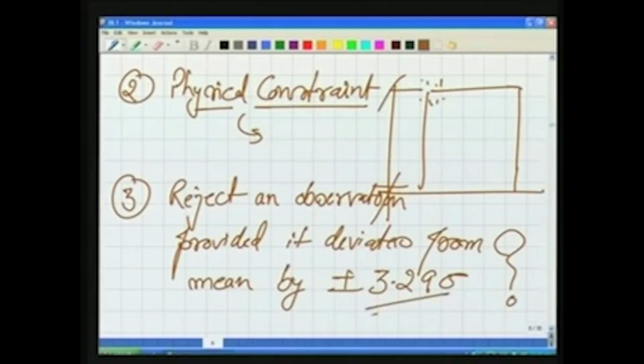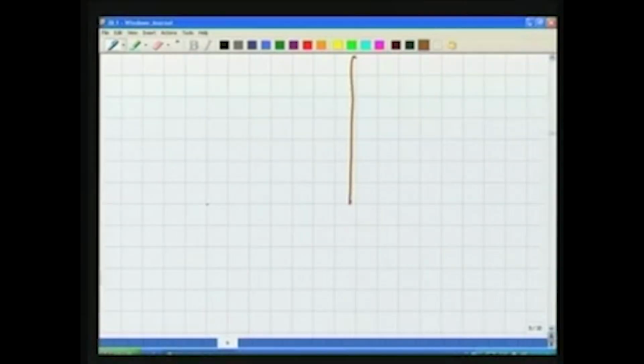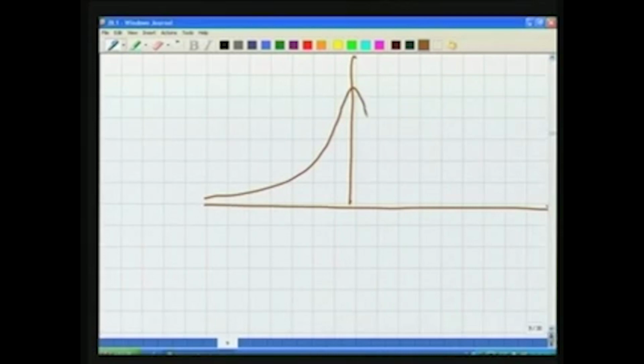Why 3.29 sigma? Well, if you look at the normal distribution curve, it is like this, where this is the mean and we have the standard deviation somewhere here, minus sigma and plus sigma.